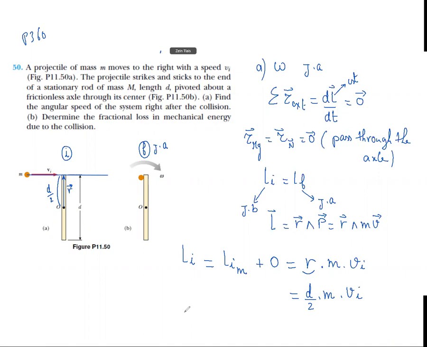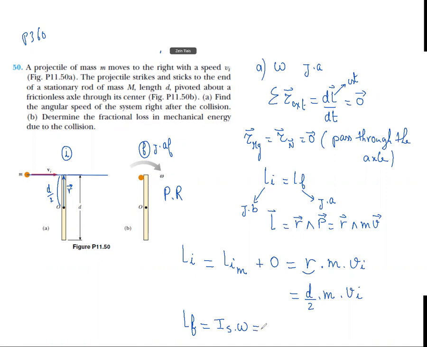What about L final? L final is, as you know, just after the collision. We have omega, and you have a pure rotational motion. In the case of pure rotation, we can write directly I of the system times omega.